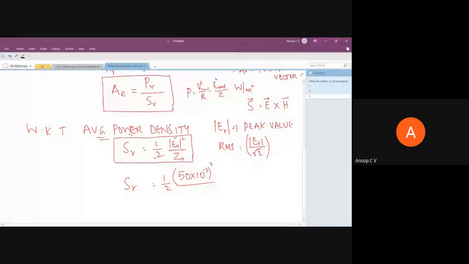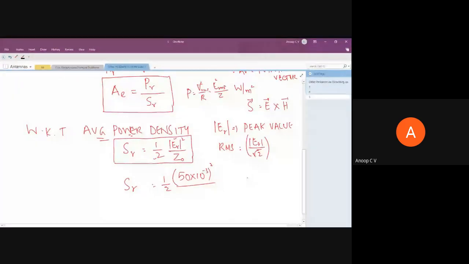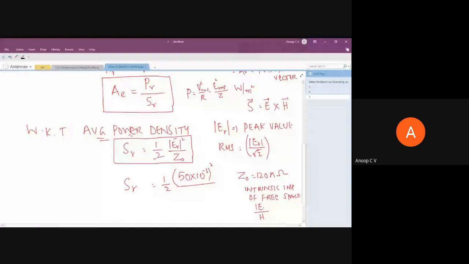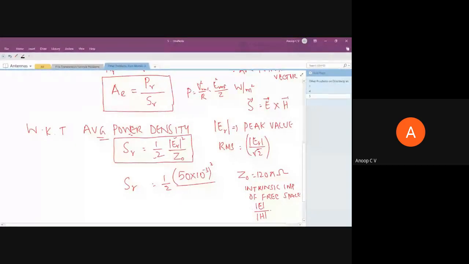Z naught is 120 pi ohm, the intrinsic impedance of free space. It is nothing but the ratio of electric field intensity to magnetic field intensity, and its unit is ohm.